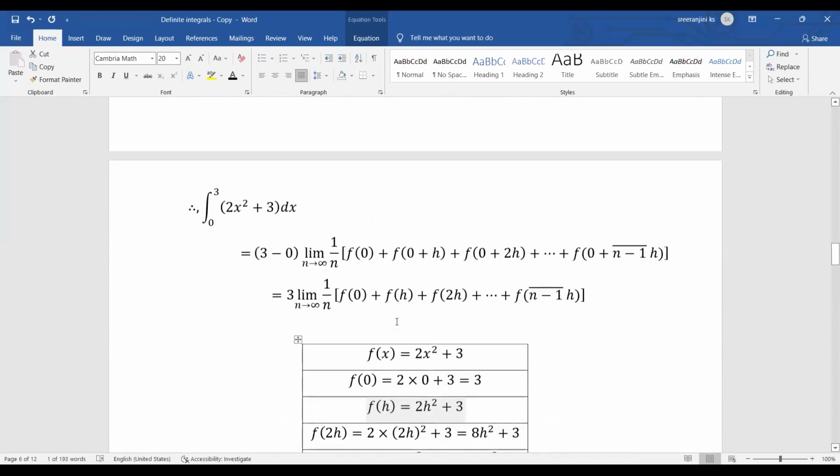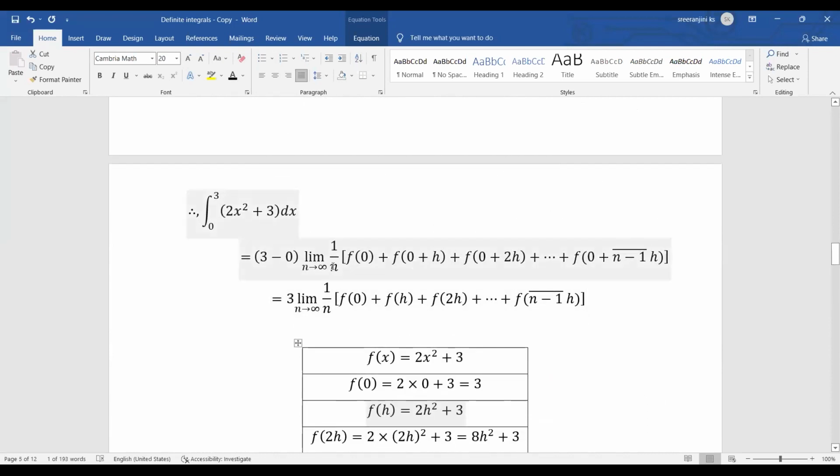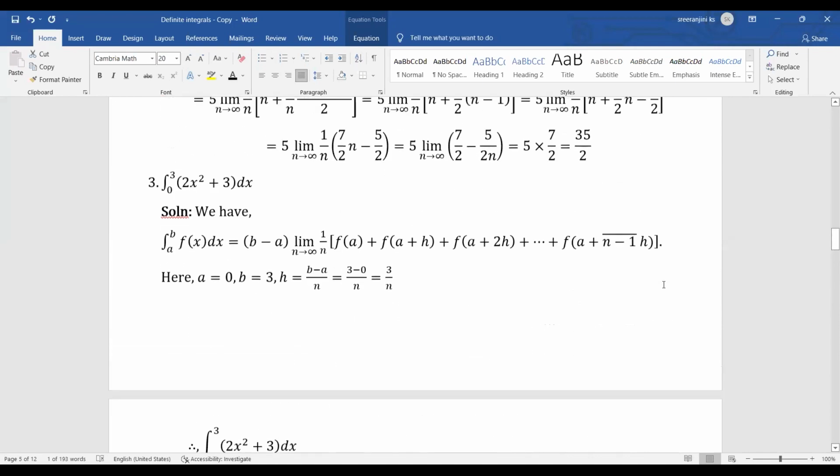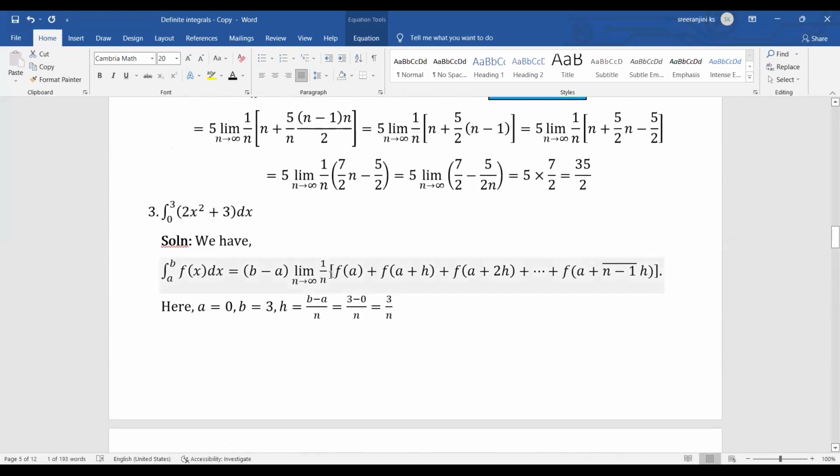Okay. f of a plus h, f of a plus 2h. Here, a value is 0 because a is the lower bound.